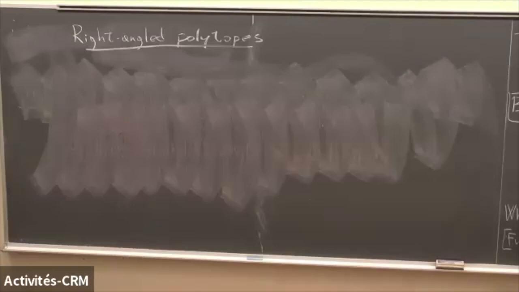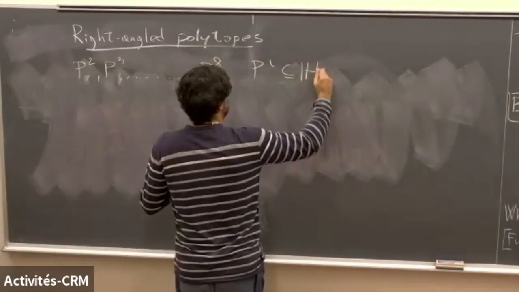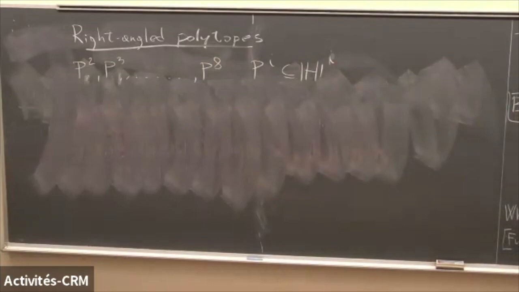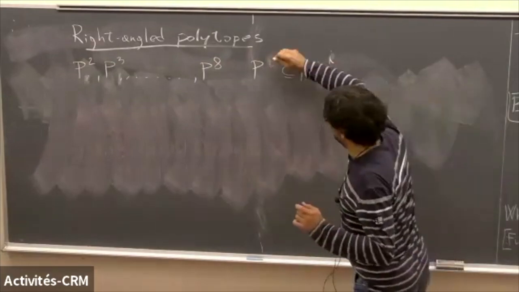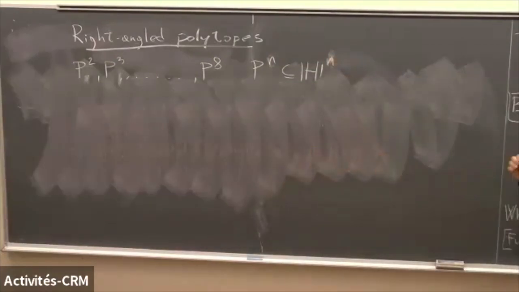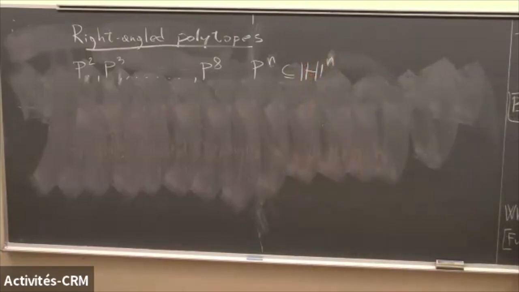So in particular, there is a sequence of polytopes P2, P3, and so on. Each of these is a polytope in a hyperbolic space. And when I say polytope, I always mean finite volume. So it's a convex hull of a finite number of points in the compactification of Hn. So you can have ideal vertices.